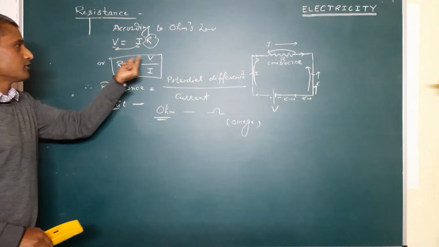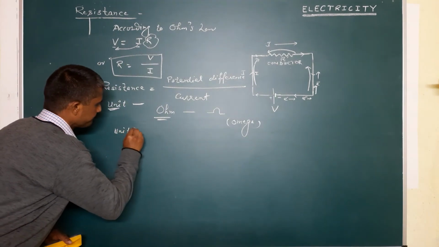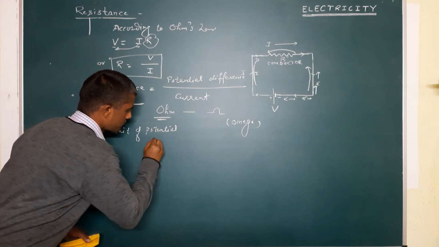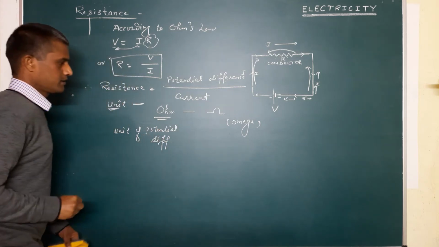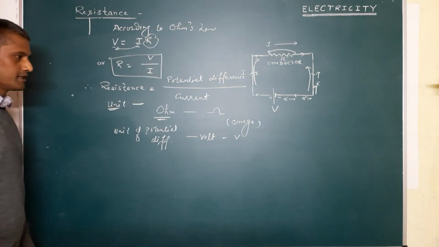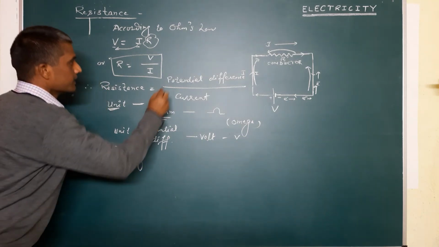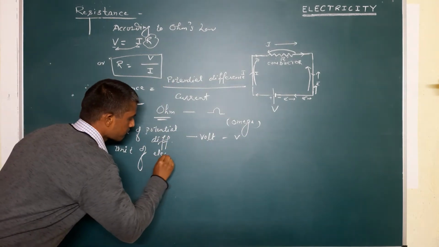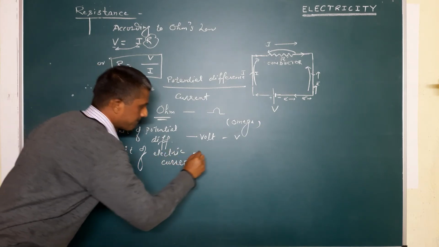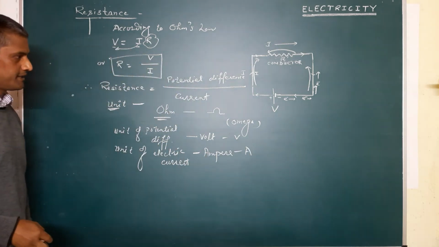And earlier we know that the unit of potential difference is volt, and it is denoted by V. And the SI unit of electric current is ampere, and it is denoted by A.